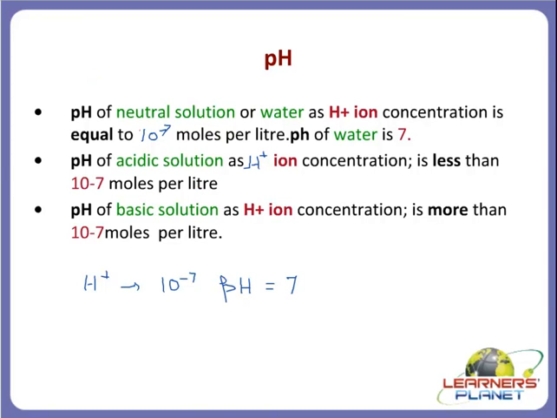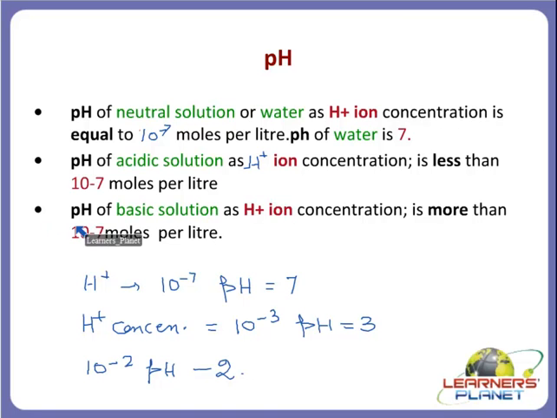Say, if the hydrogen ion concentration is 10 to the power minus 3, what will be the pH here? 3. If it's 10 to the power minus 2, then the pH would be 2. Right? So for acidic solutions, the pH is 3 or 2 or 4 or 5, that is, less than 7.